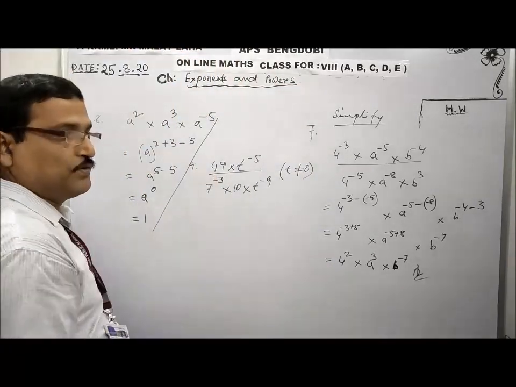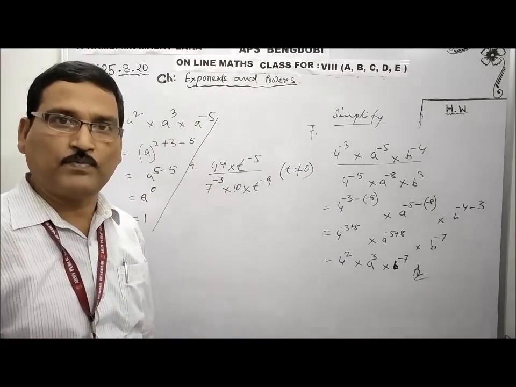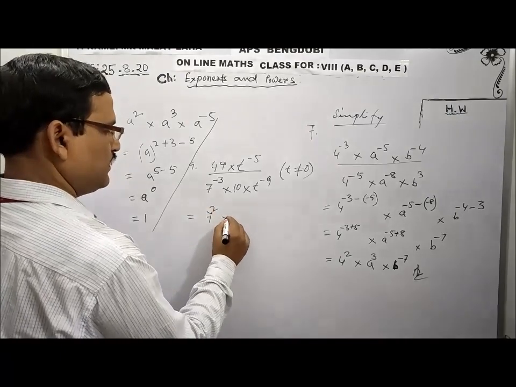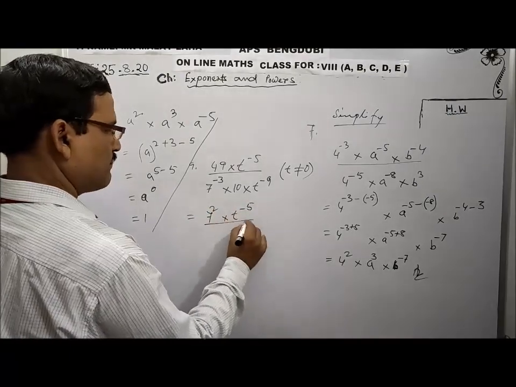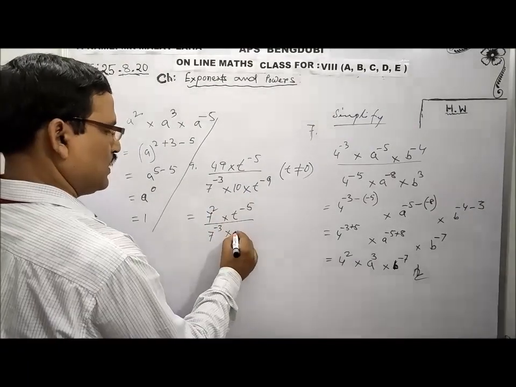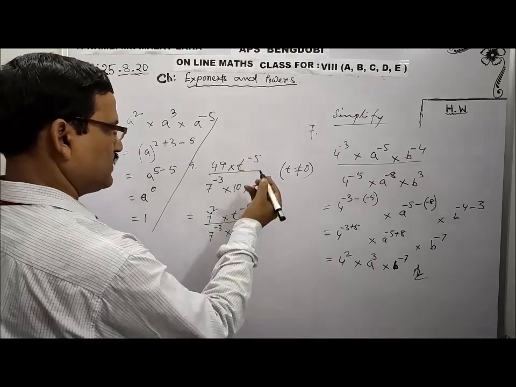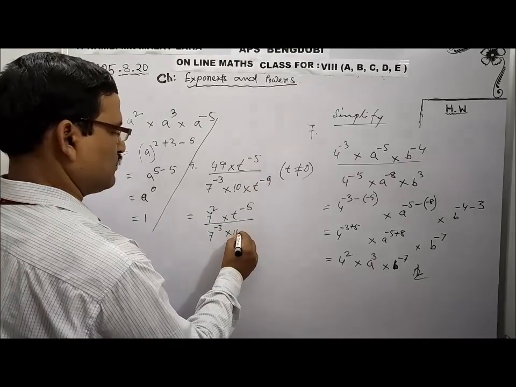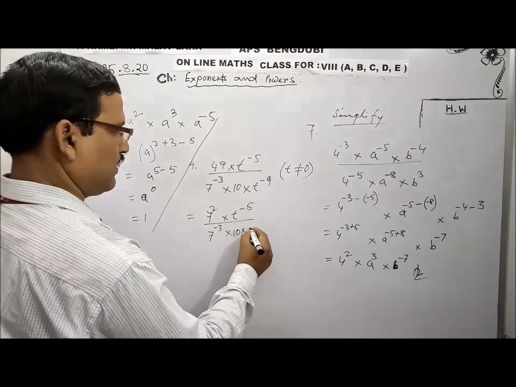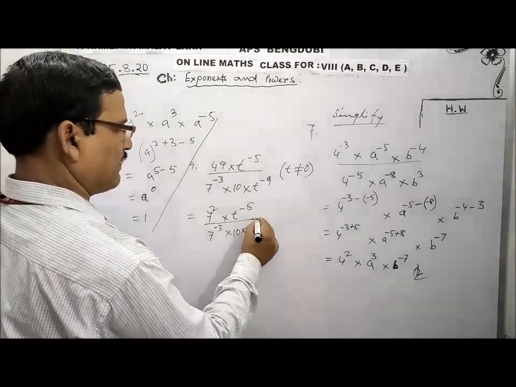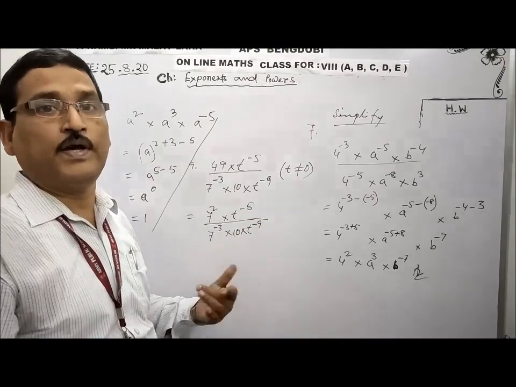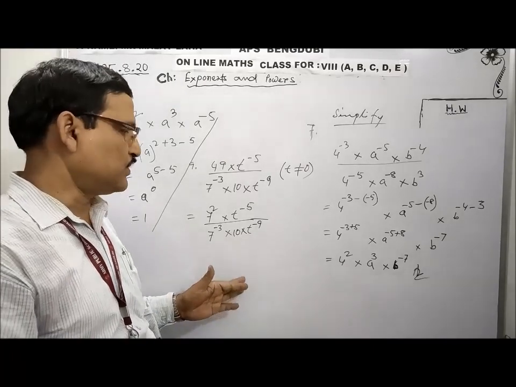So you see, I told you when number is there, number you have to write in a power form and a prime also. So 49 can be written 7 square into t raised to minus 5 by 7 raised to minus 3 into 10, but there is no similarity also. No need to convert it into 5 into 2. Okay, because on the numerator there is no 2, no 5. So that's why no need to show in a prime factor here. So as per our requirement we will be doing. Somewhere we will be doing, somewhere we will not doing. Where it is required, then we will do it, and when it is not required, we will not do it.